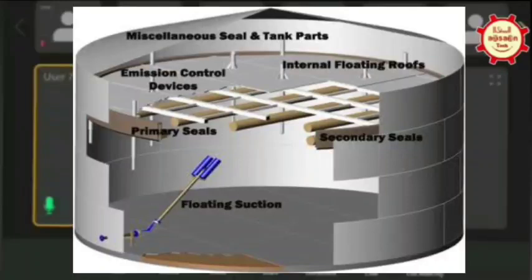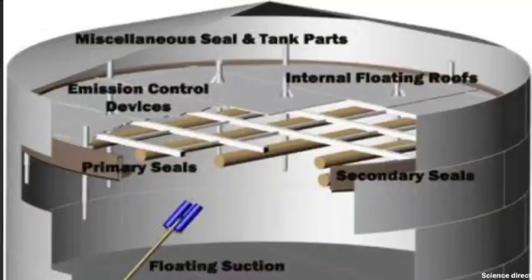As Anish told, it's a buoyancy calculation: how much the pontoon size must be so that the plate floats on the liquid. To take care of rain water, we normally provide one drain connection at the floating roof. That drain connection is routed directly to the bottom of the tank, so the rain water goes directly to the tank outlet.